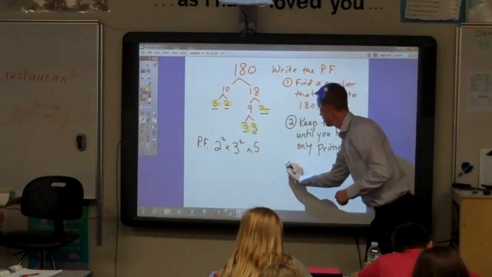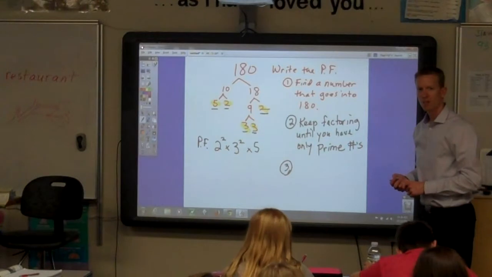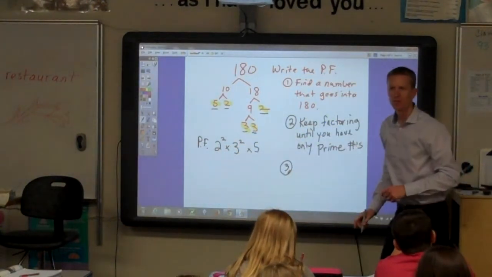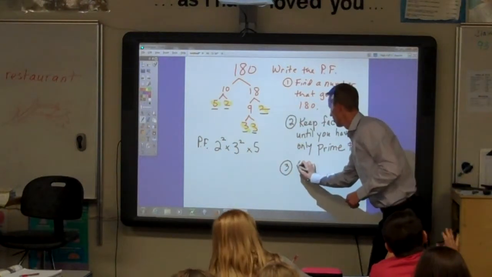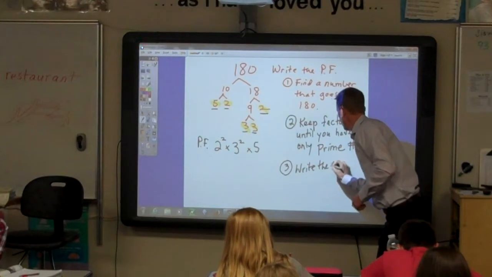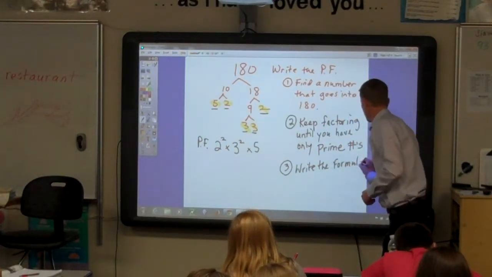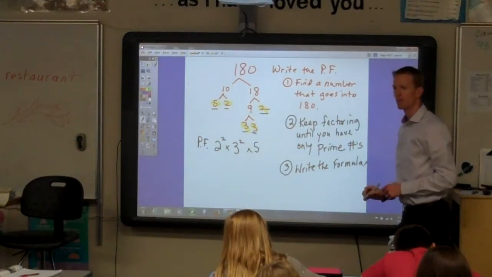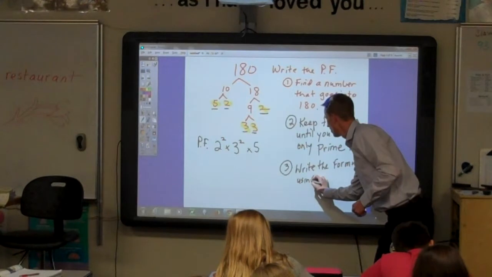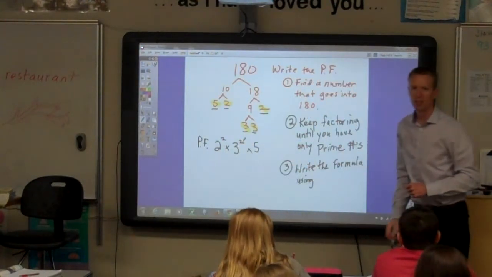Then, step 3. What do we do with the last thing? Write the formula using, what are these little numbers called?